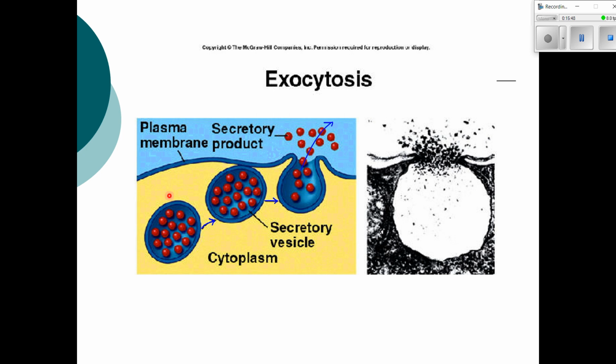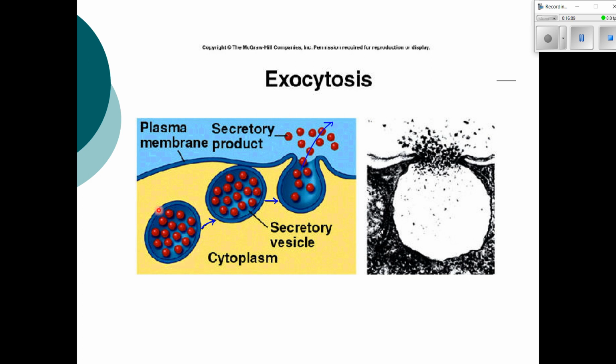And what the Golgi does is it packages the protein. These little red dots represent some protein that's been made by the cell. The Golgi's job is to package that protein in what's called a secretory vesicle or a Golgi vesicle. It's just a little package.